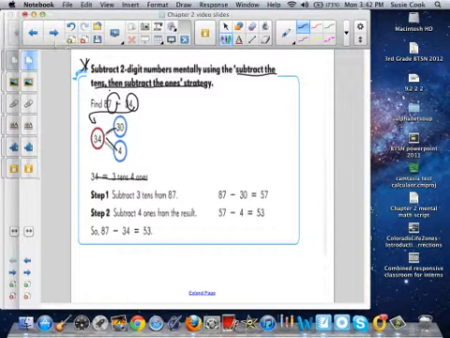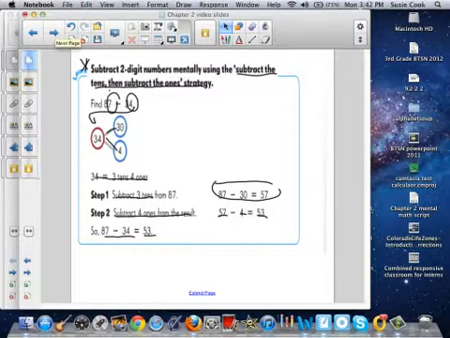So our first step will be to subtract 3 tens from 87, or subtract 30 from 87, and get 57. Next, we need to subtract 4 ones from that result. 57 minus 4 equals 53. So the answer to our problem is 87 minus 34 equals 53.